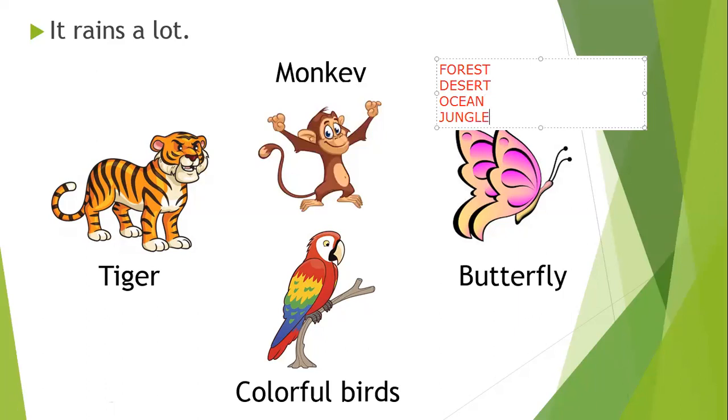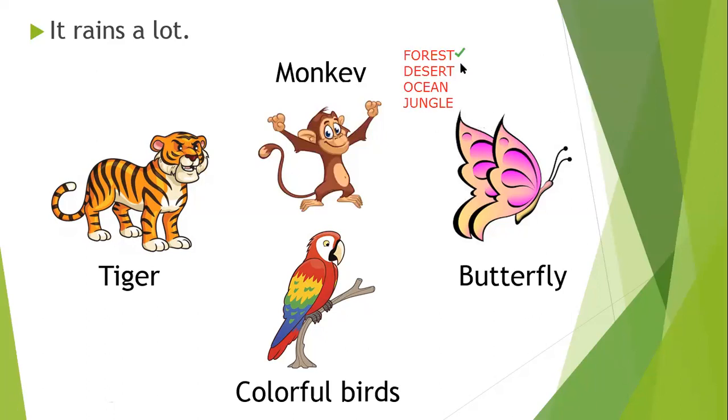We have these 4 different habitats. All right, so keep them in mind. All right, we have forests, deserts, oceans, and jungles. 4 different habitats. And we have a lot of animals that live in those habitats.